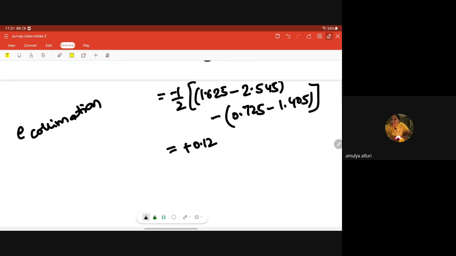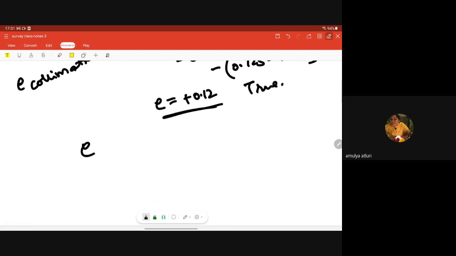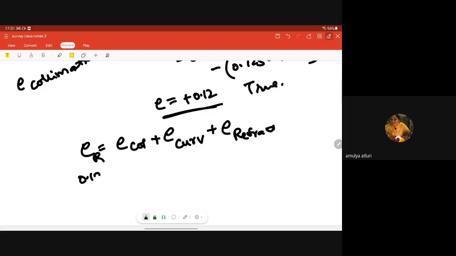But the error we got is the whole true error. It's a combination, right? So E is equal to E collimation plus error due to curvature plus error due to refraction. This is the total value ER. We calculated it as 0.12.